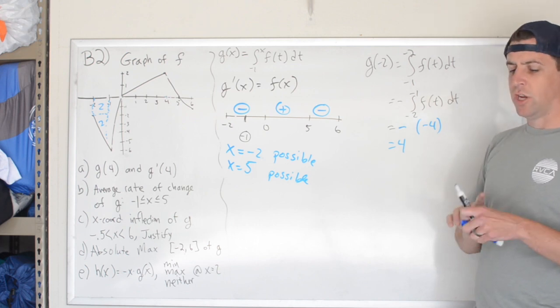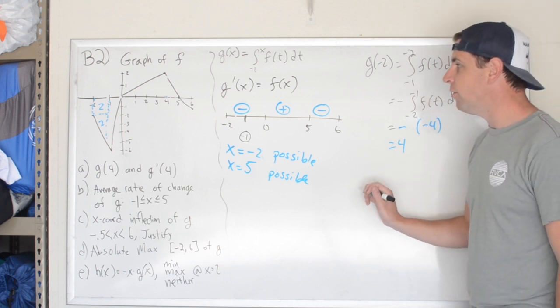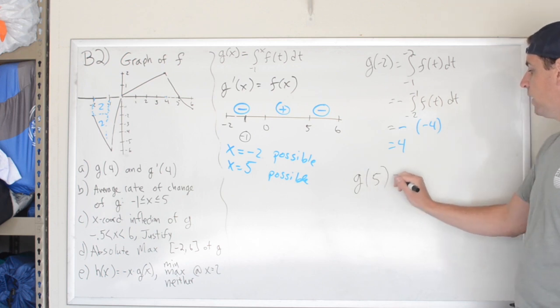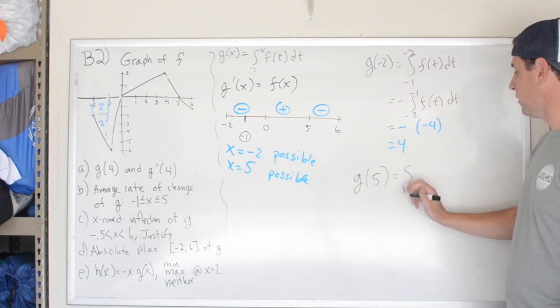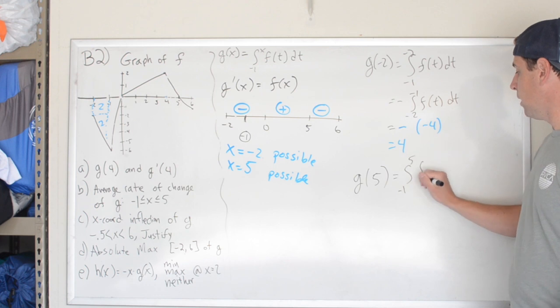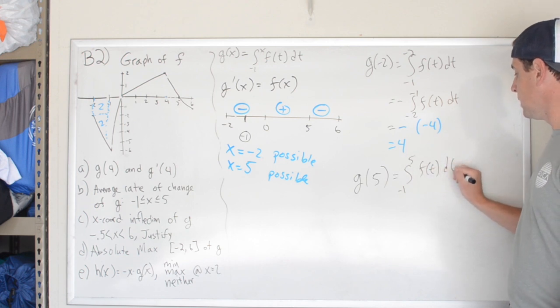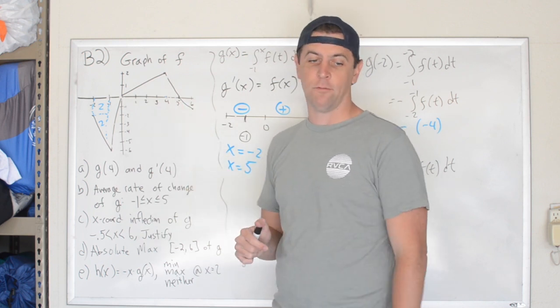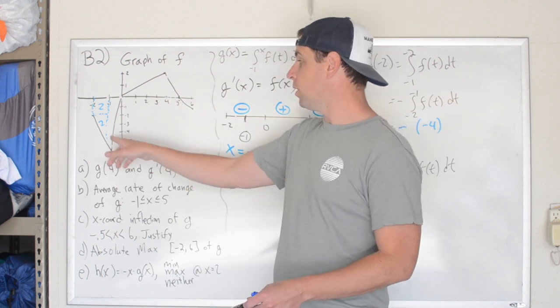The other one we want to check is G of 5. G of 5 would be the integral from negative 1 to 5 of f of t dt. Again, you're going to find the area under each of these shapes. Hopefully, if you've watched most of this video, we've already done this.